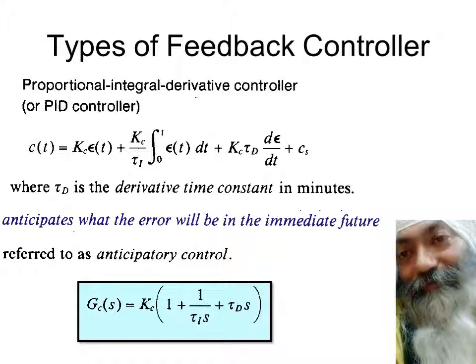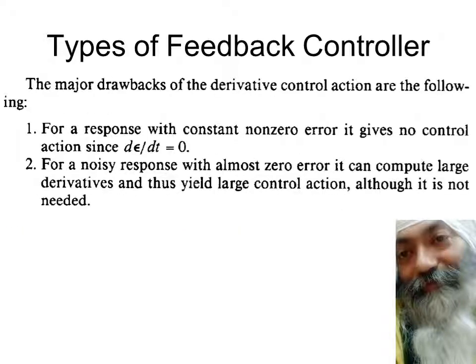So that's how we have the present and the past and the future, but this d epsilon by dt cannot be used in these two conditions. The two things I have already said: in case d epsilon by dt is equal to 0, you cannot use it, and in case of noisy response you cannot use it because it computes large derivatives, therefore you have issues with that. So that's what is about PID controllers.